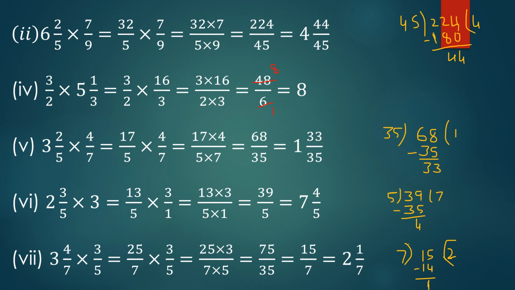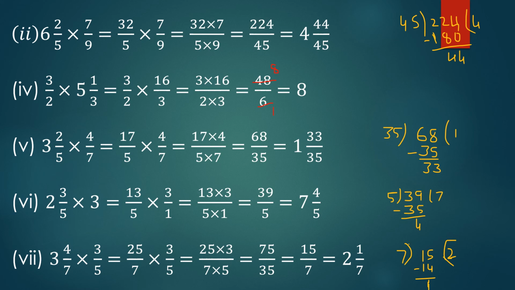The next question is 3 4 by 7 into 3 by 5. Now convert the mixed fraction. It will become 25 by 7 into 3 by 5, which is equal to 25 into 3 divided by 7 into 5. What is 25 into 3? 75 divided by 35.